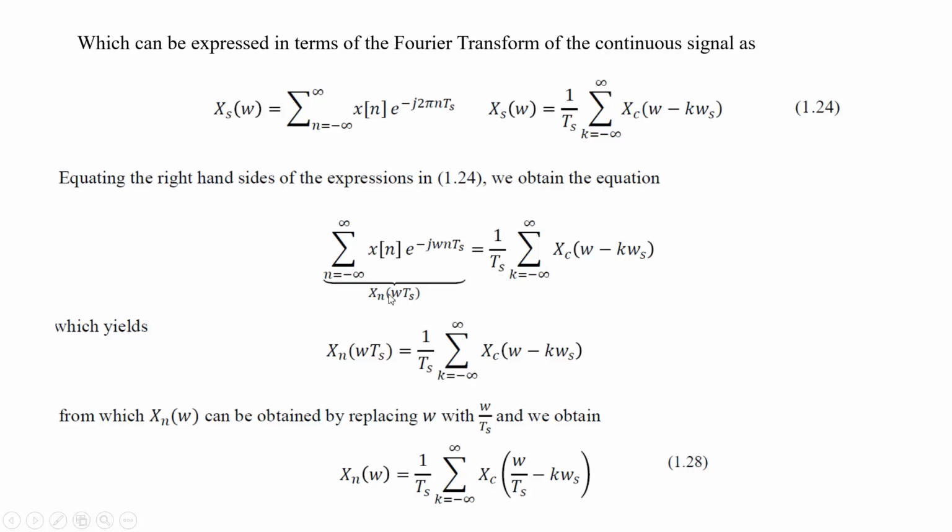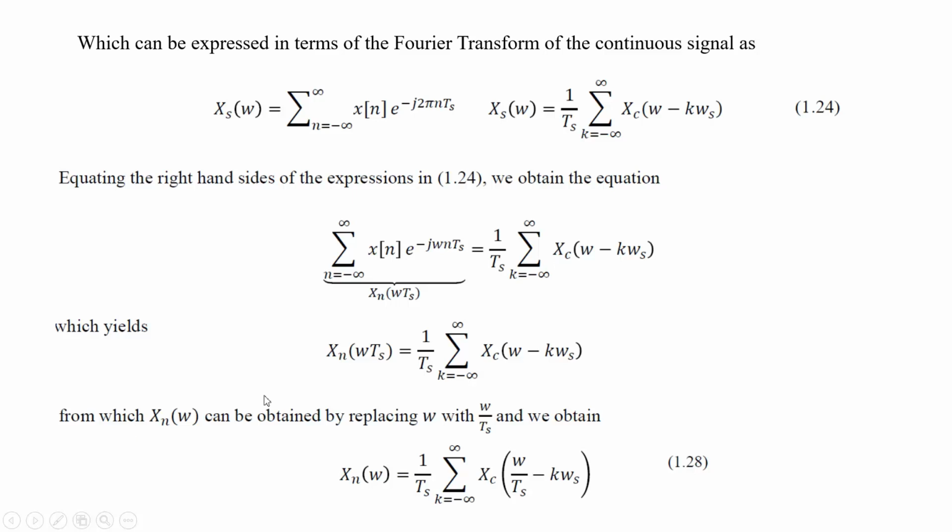Now, if we take the variable as w Ts here, and we represent the whole term as X(e^{j w Ts}), then this side will be 1 over Ts. Now if this term is X of w Ts, then this term is put as it is.